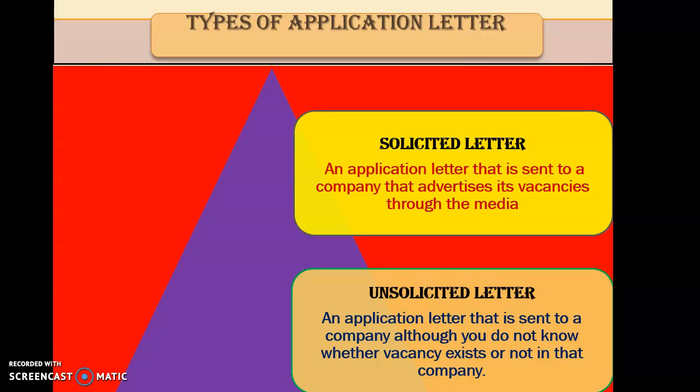So, when you write a job application letter because you know that there is a vacancy in the newspaper, or through any other source, say media, internet, WhatsApp, so you apply for the job. That is a solicited letter. An unsolicited letter is an application letter that is sent to a company although you do not know whether a vacancy exists or not in that company.